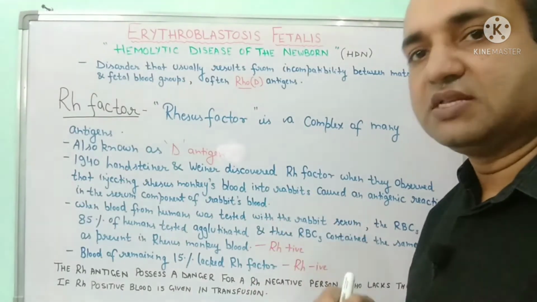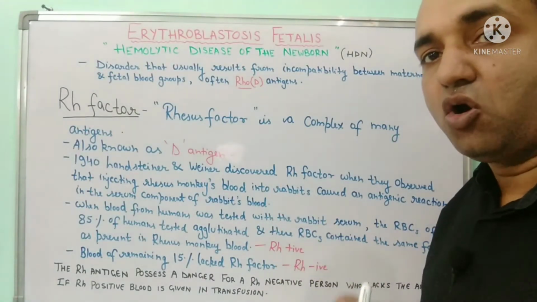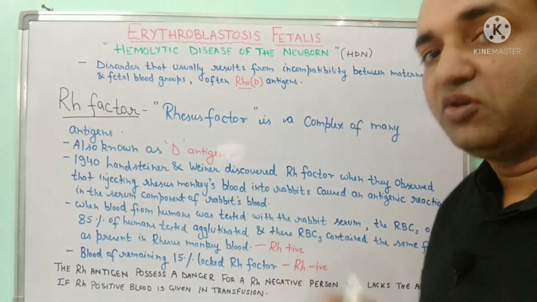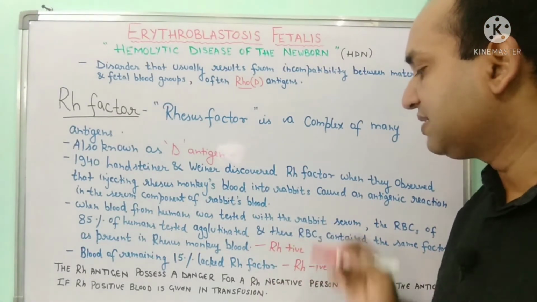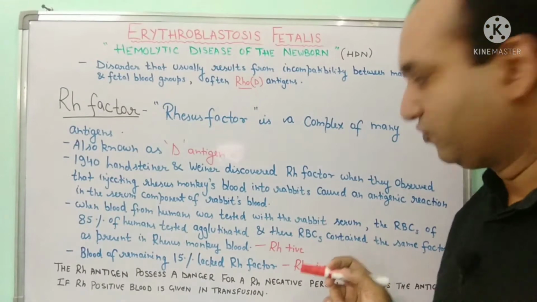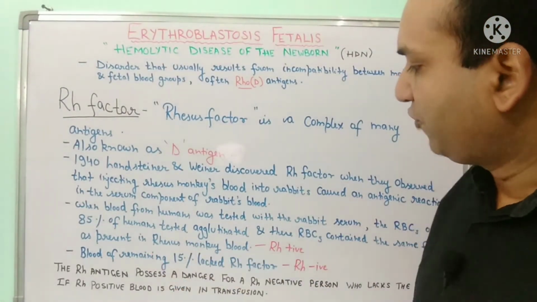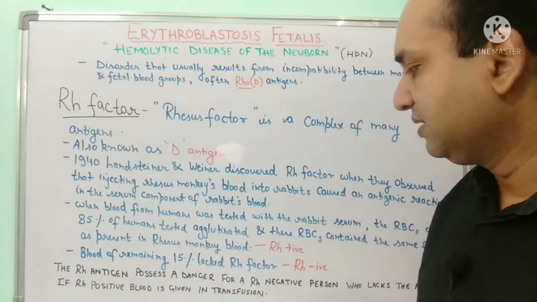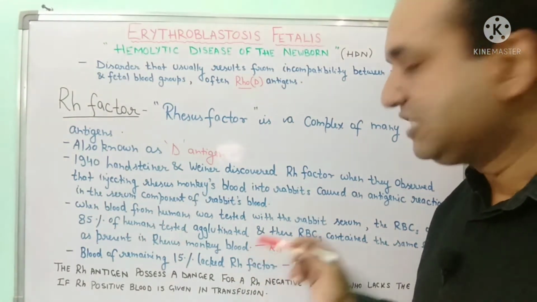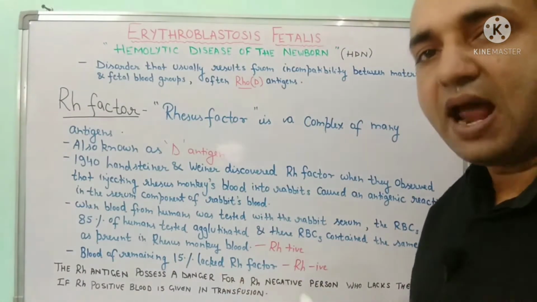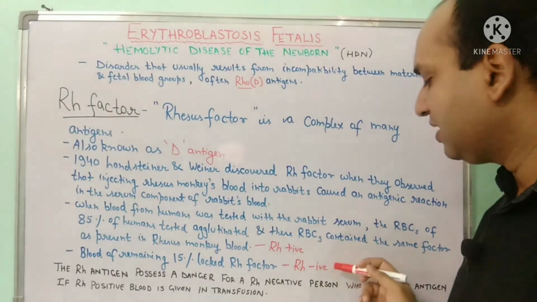So, such humans whose blood contained the Rh factor, or the rhesus monkey's blood factor, were called Rh positive. The blood of the remaining 15% of persons lacked the Rh factor, and these persons were termed Rh negative.